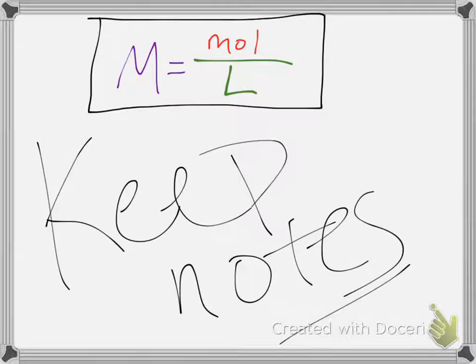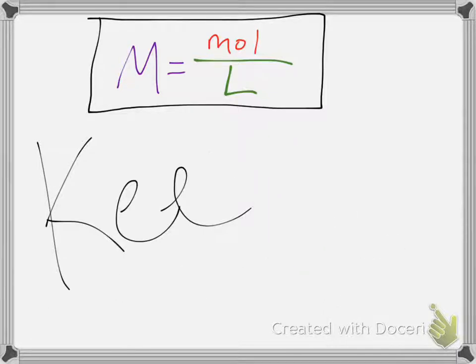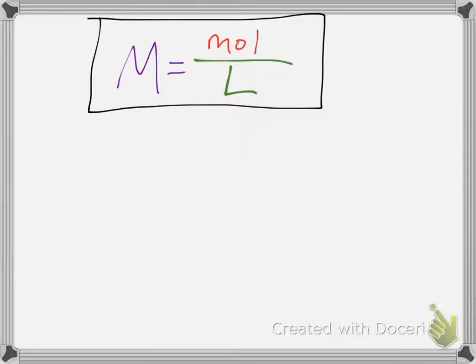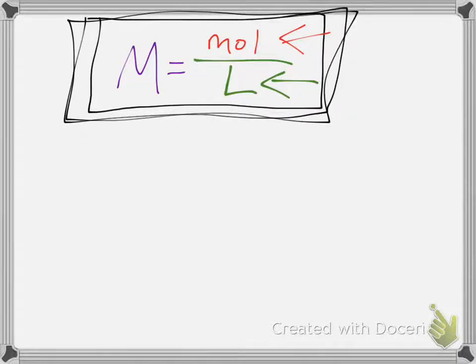I would even go back to the previous slide if you weren't keeping notes already, because then we'll talk about good notes versus bad notes. So back to molarity, which is moles divided by liters. Well, sometimes in questions, we're going to have to solve for liters, and sometimes we're going to have to solve for moles. So we can either plug in our unknowns, kind of like what we've done before with gas laws, or we can rearrange the equation. Me, myself, I always rearrange it. But on the test, you're only given this equation.